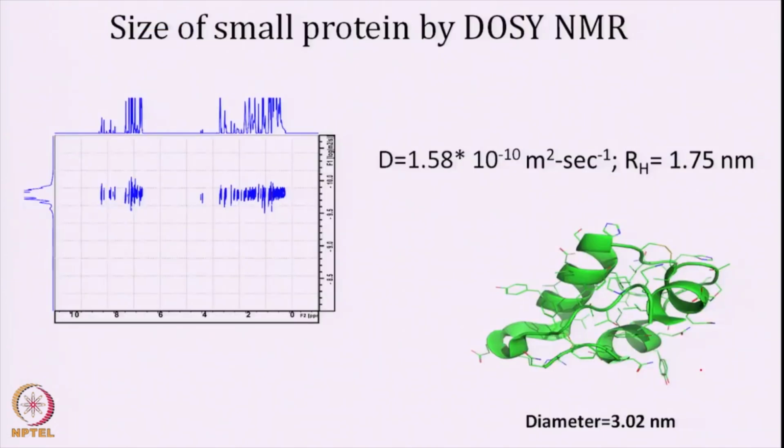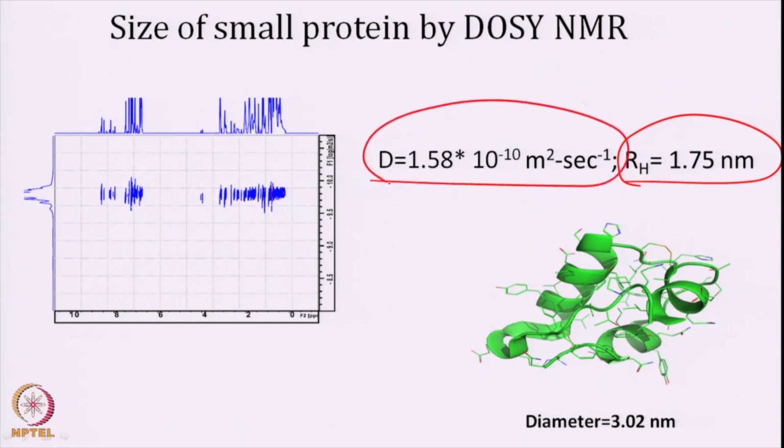Another example, I am just taking a small molecule. Its diffusion is calculated by DOSY, and you get a hydrodynamic radius by putting in all those parameters. Your diffusion rate comes to 1.58 times 10 to the power minus 10 meter square per second. The hydrodynamic radius translates to 1.75, and if you convert to diameter, you get 3.2 nanometer. This correlates very well with the diameter measured from the experiment.